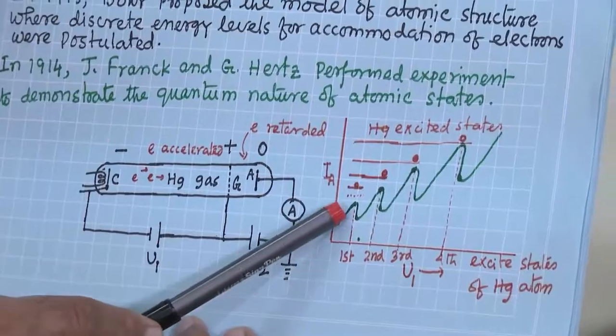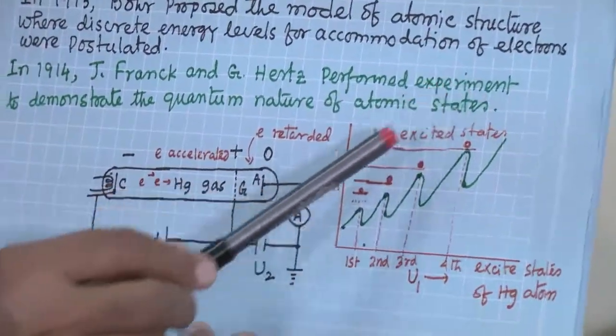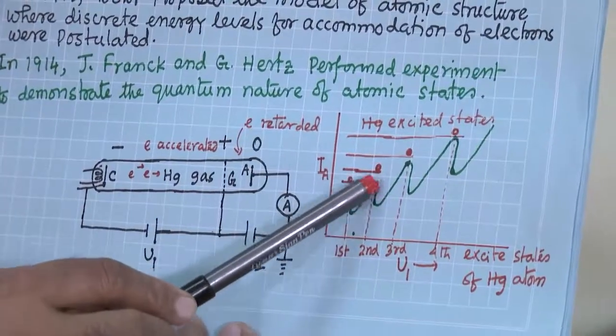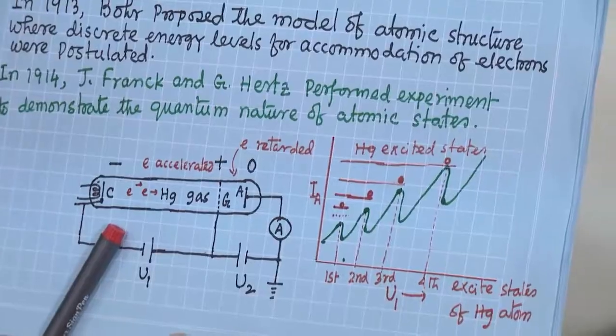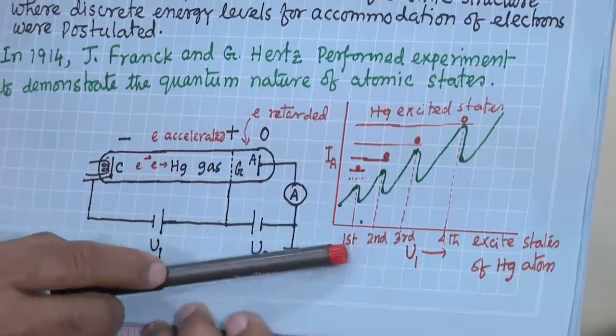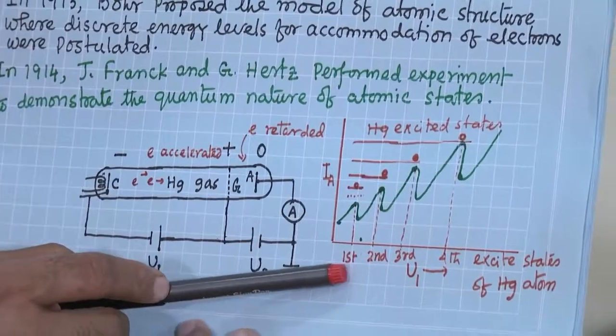So instead of a monotonic increase, the current shows a step kind of increment. At a certain U1 voltage, the current suddenly dropped.